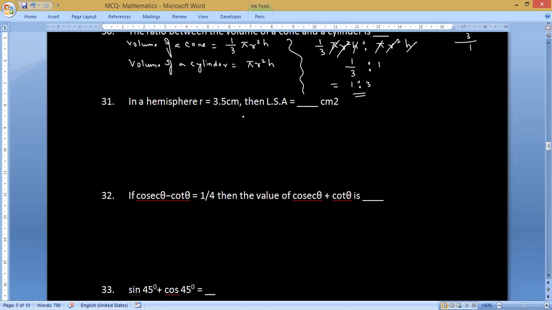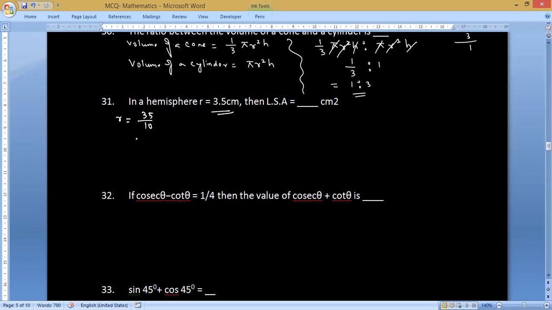Next, in a hemisphere, the radius is 3.5 centimeters. Radius is given as 3.5 centimeters, so radius is equal to 35 by 10. Then we have to find the curved surface area of a hemisphere.